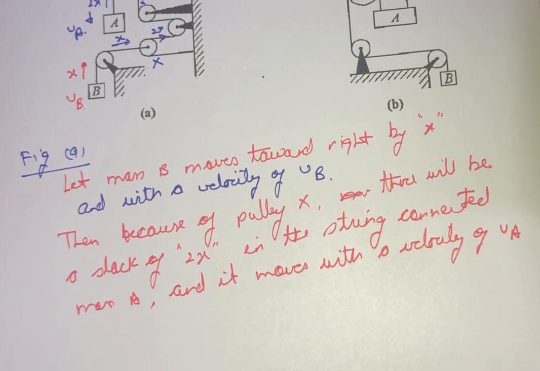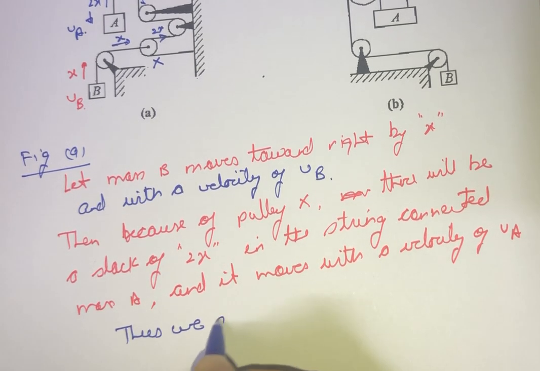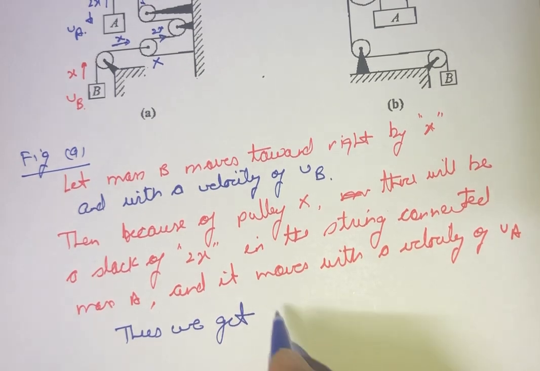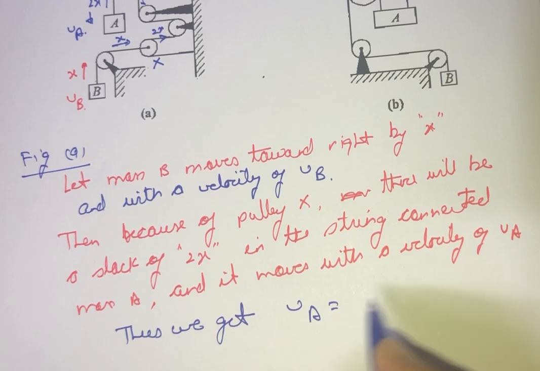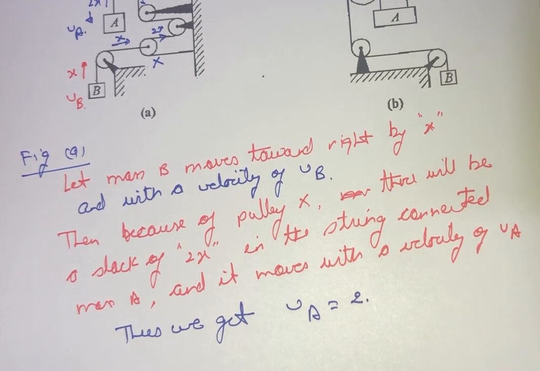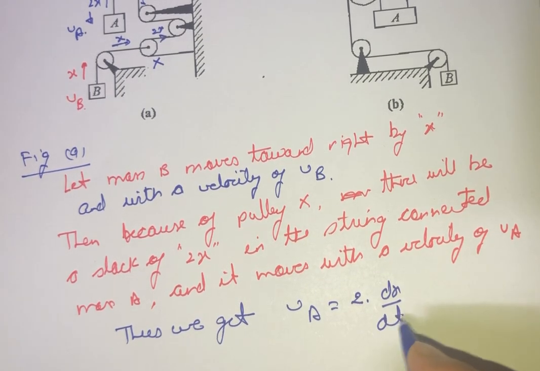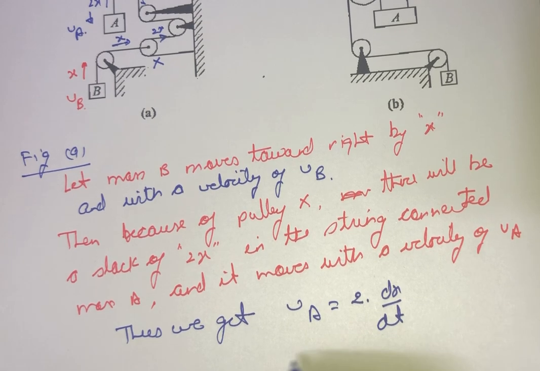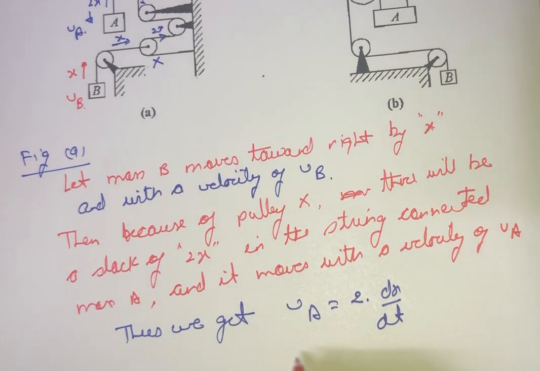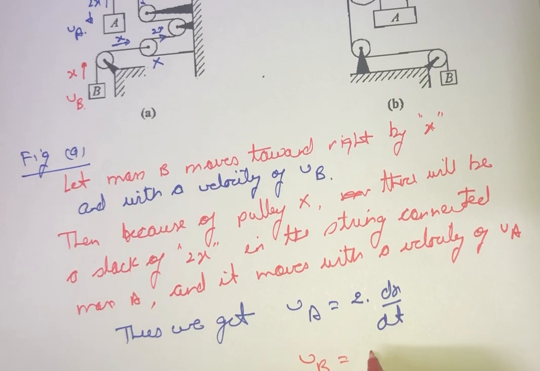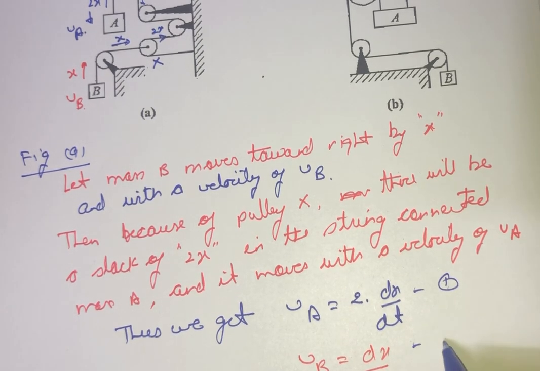Okay, so it can be written in the form of equation as thus. We get VA, velocity of A, will be equal to 2 into derivative of x, that is dx by dt. Okay, and Vb, we already know that the velocity of B will be equal to dx by dt. So let us call this as equation 1 and equation 2.